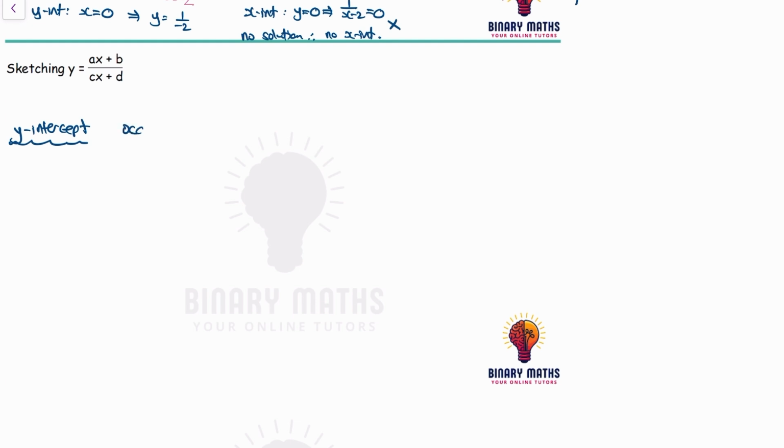So it occurs when x equals 0, which means that ax plus b over cx plus d is equal to b over d. Therefore, (0, b over d) is the y-intercept.